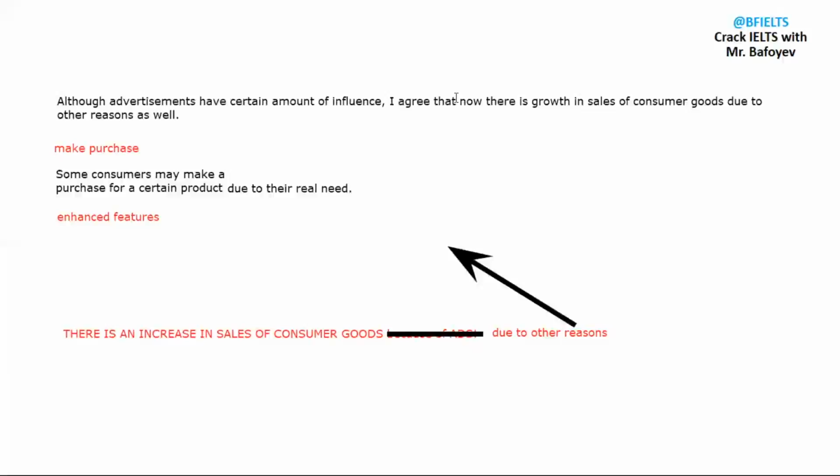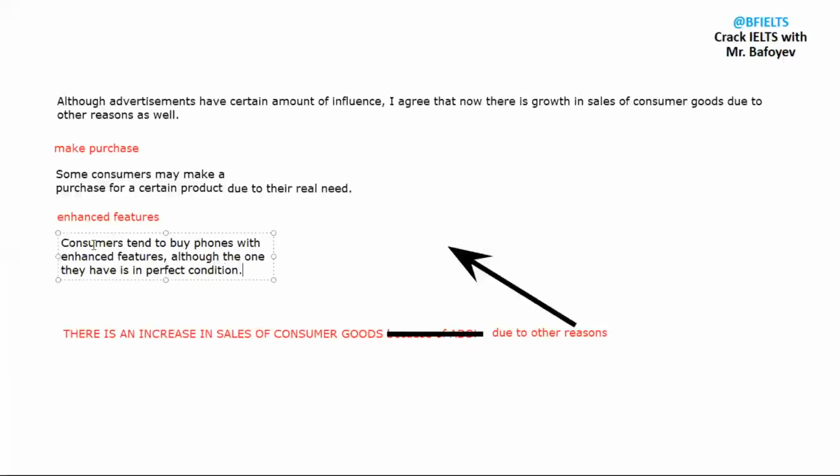For example, consumers tend to buy phones with enhanced features. Although the one they have is in perfect condition, right?